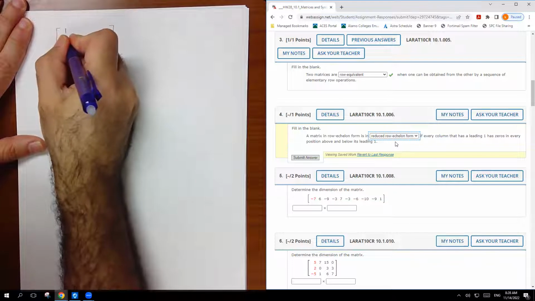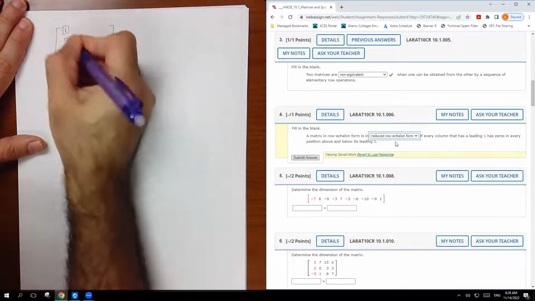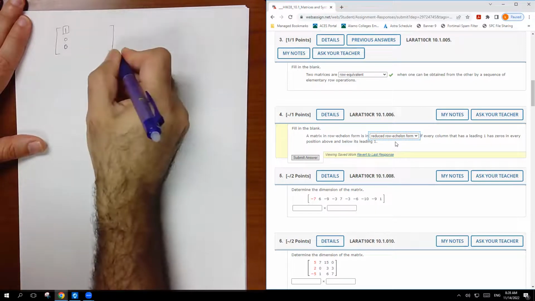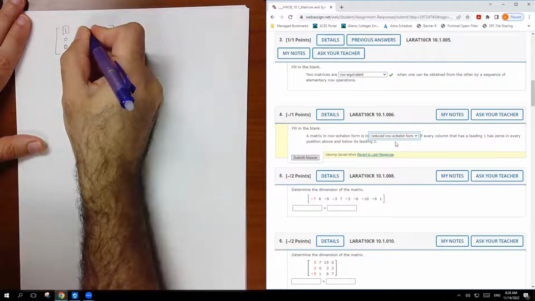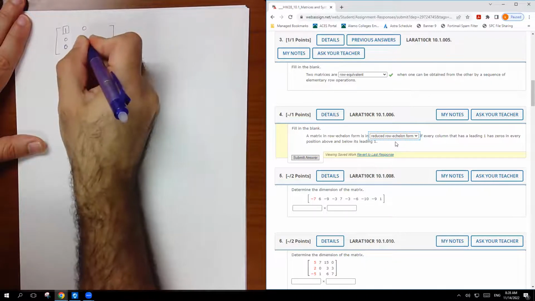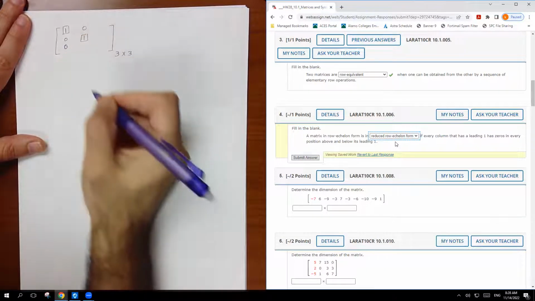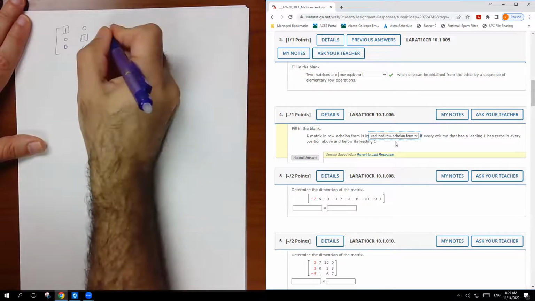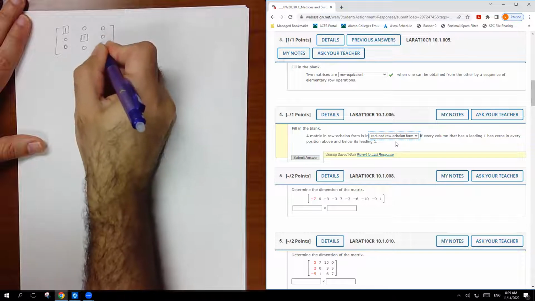And every number under this leading entry is equal to zero. Let's say I'm doing a matrix with 3 rows and 3 columns. In the second column, here is 0, and here is the leading entry, also 1, and this one 0. And here is the third column, 0, 0, and 1.